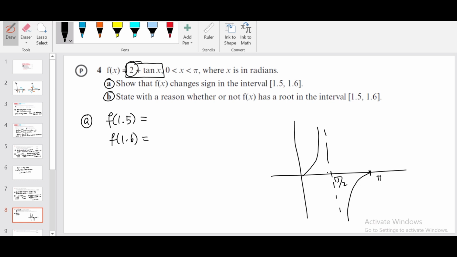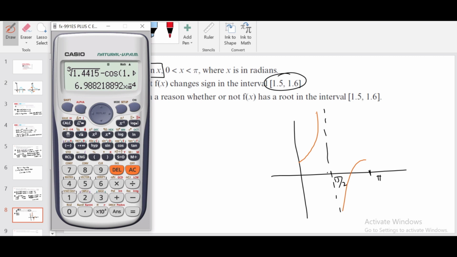And when you add 2, we learned this in P1 chapter 4, graphs and transformations, the graph will go up 2 units, something like this, right? But still pi over 2 is an asymptote.